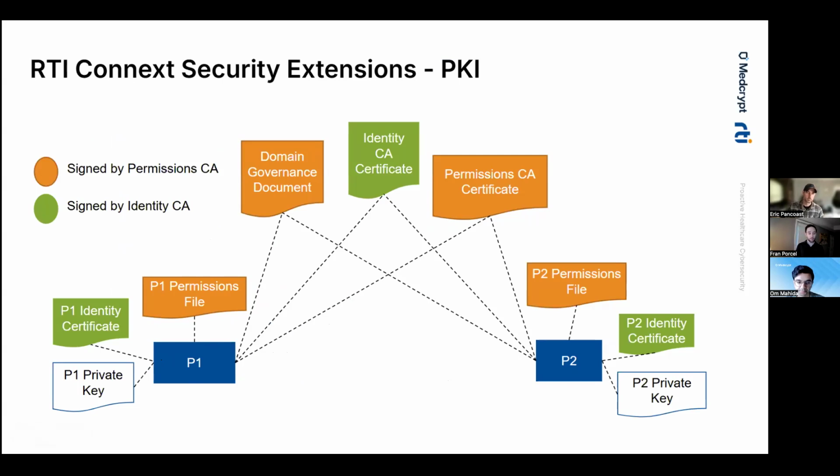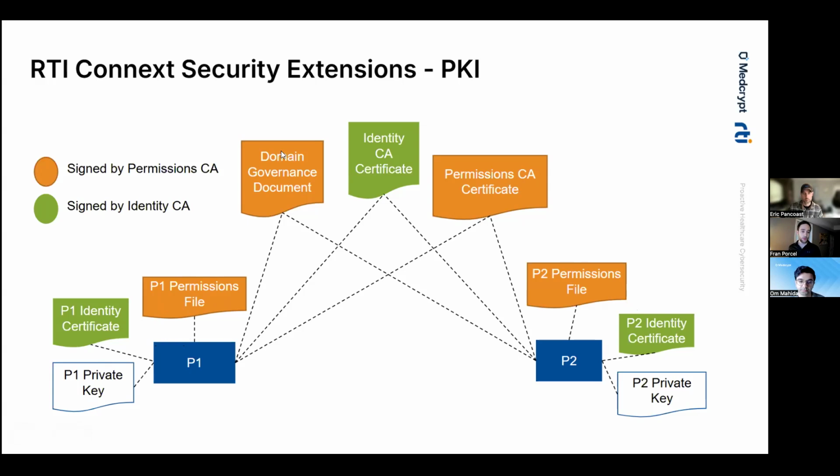But now, to properly secure the system, we're going to need all these elements. We need a private key and also an identity certificate and a permissions file for each of the participants. You can see that P1 uses its own set of files and documents, and P2 uses a different set of files.